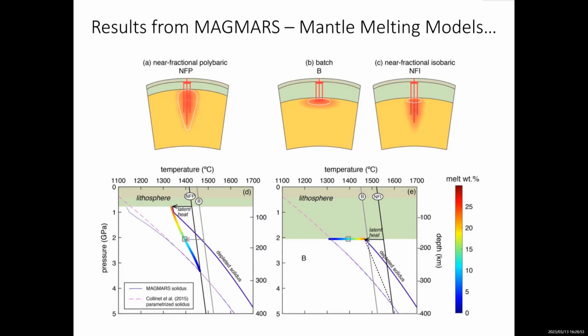And for figure E, they have batch melting and near fractional isobaric melting. So they fix the temperature and pressure, and then you can look at how the melting occurs. Of course, the melting has a very high melt fraction, but once melt is generated by 0.4 weight percent, they pull it away.